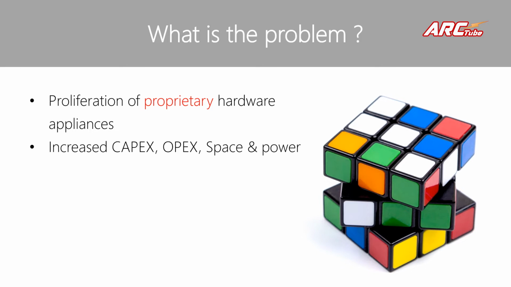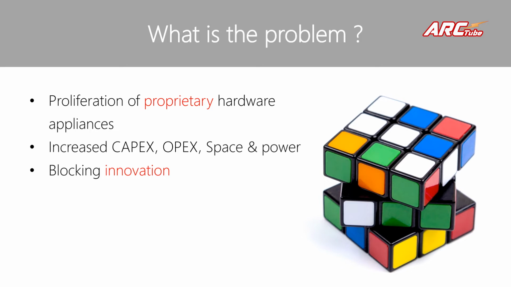And then this increases CapEx or capital expenditure, OpEx, operational expenditure, and also it consumes space and power, because for each network function we have to have space for that particular box and it consumes electrical power, and that also includes capital and operational expenditures.